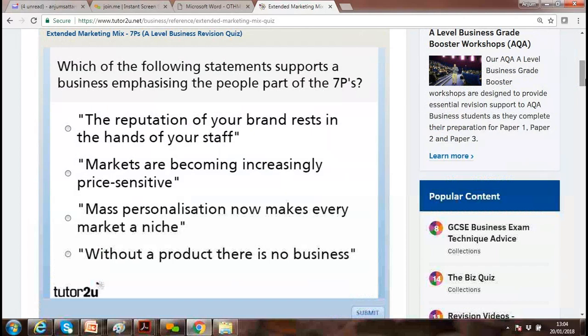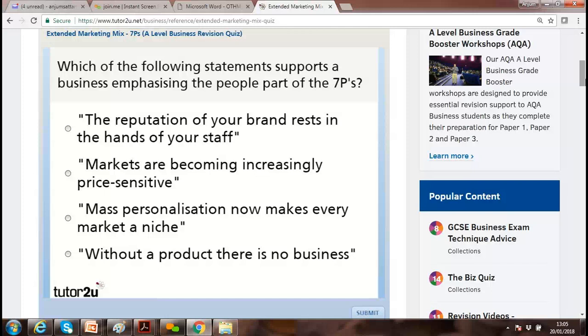Which of the following statements support the business emphasizing the people part of the 7 P's? Reputation of your brand in the hands of your staff. Markets are becoming increasingly price sensitive.